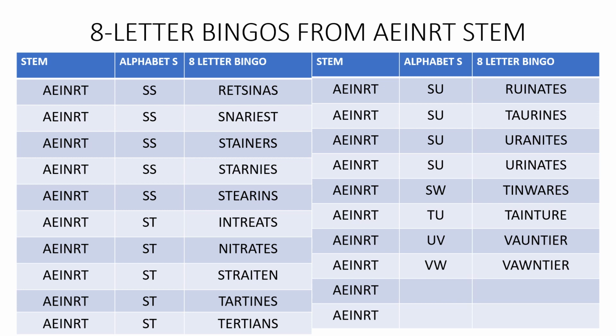So this is the last slide, and it gives words with double S like Ratsinas, Scenarios, Stainers, and with UV and VW Wantier, and with WS also Wantier. I think that's it. It takes some time for these 8-letter bingos to become part of your memory, but these are crucially important when you desire to take your game to the next level. Okay, thanks a lot for watching.